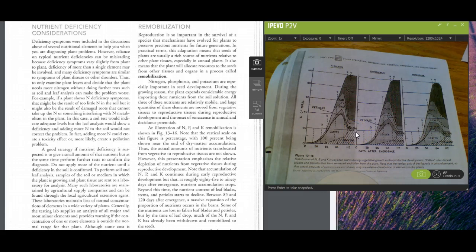So what happens is that all of that is actually going into the seed itself, into the beans. If these are soybeans, it's all going into that. So all those nutrients in there are going down, but it's filling up in my seeds instead.